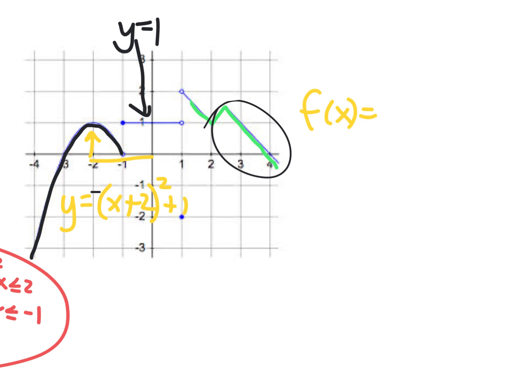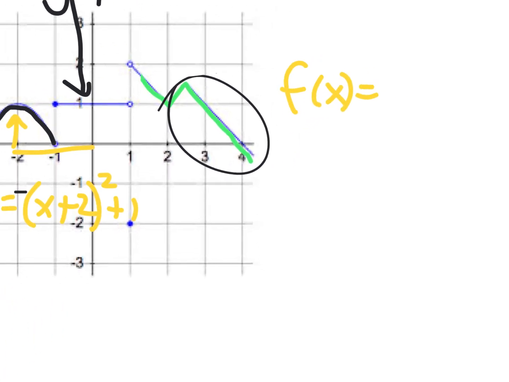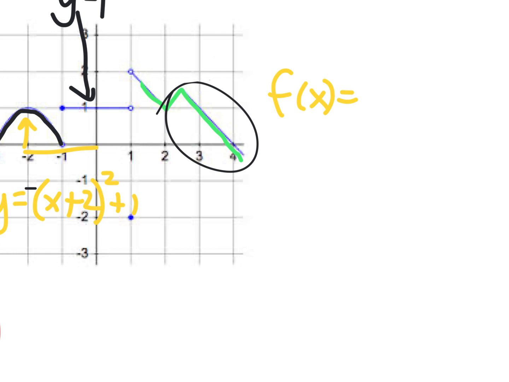Now this part you should also be able to do. This part of the function right here, I'm going to highlight it, use my highlighter. This zone, the green function, only exists when x is what? Is it like between two things?